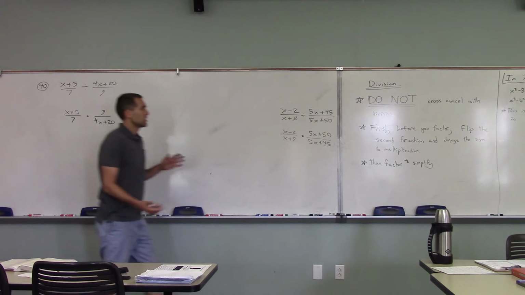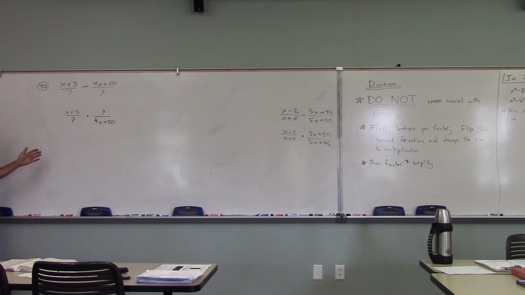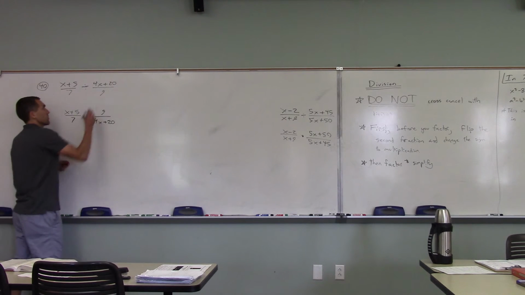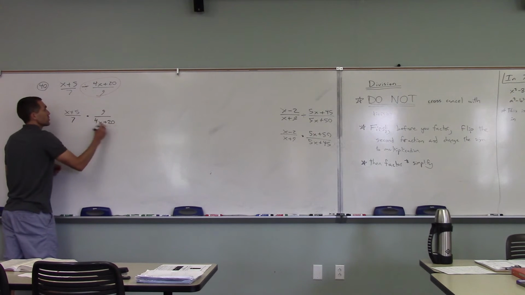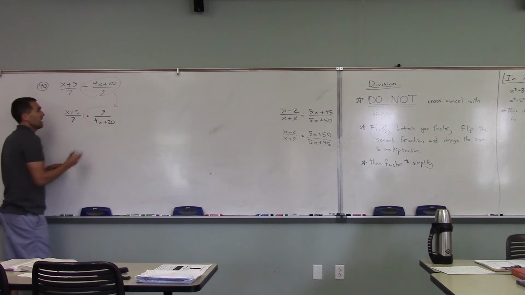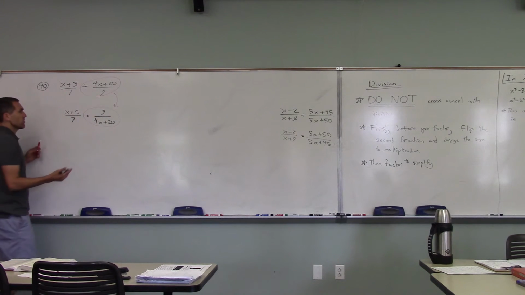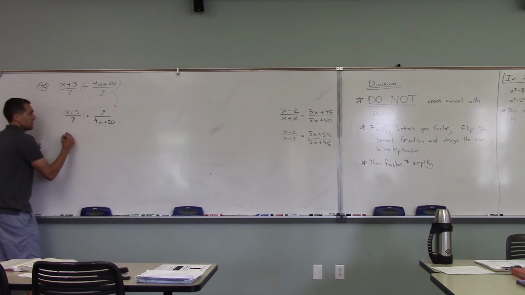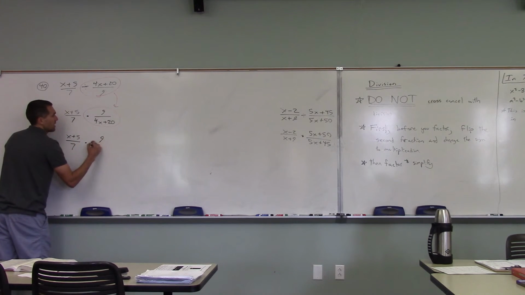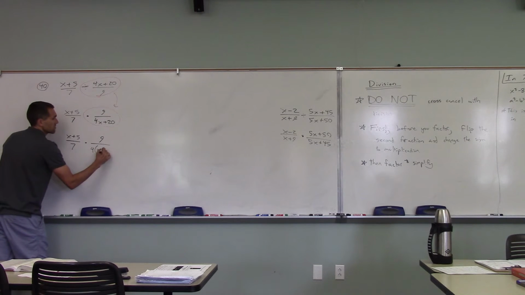Just don't do anything first, okay? Just first take this division, turn it into multiplication, and everything's okay. So now we'll factor. We'll say, oh look, this is (x plus 5) over 7 times 9 over 4 times (x plus 5).